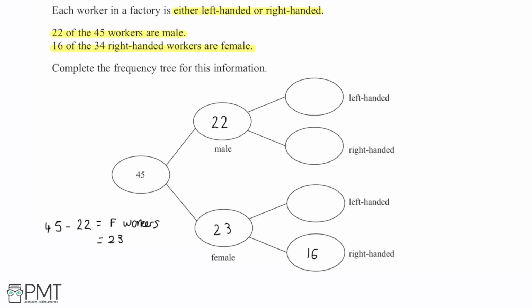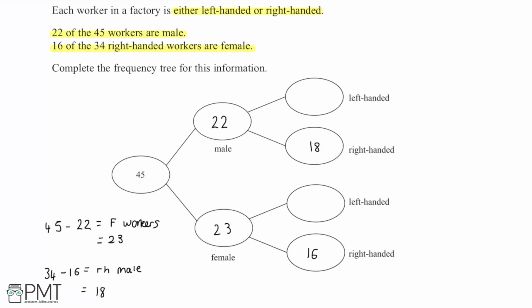Now we're told here that there are 34 right-handed workers in total, 16 of which are female. So in order to work out the number of right-handed male workers, we take the 34 and minus this 16 to give us the right-handed male workers. And that gives us an answer here of 18. So I can substitute that into the right-handed male workers box.